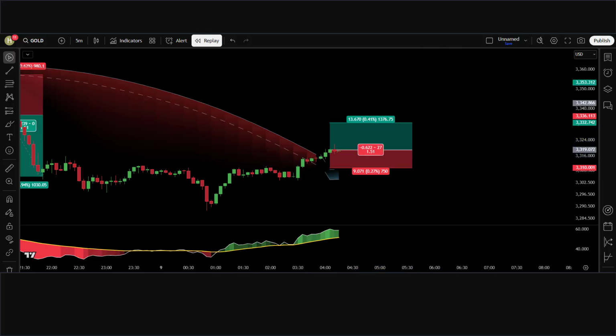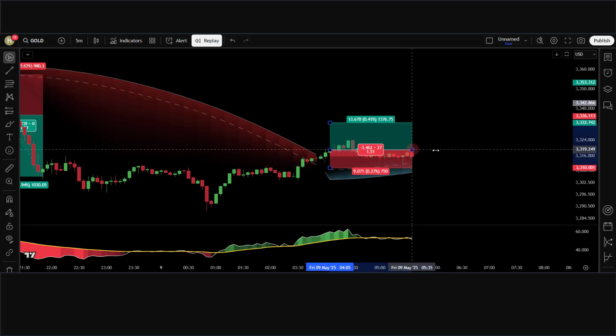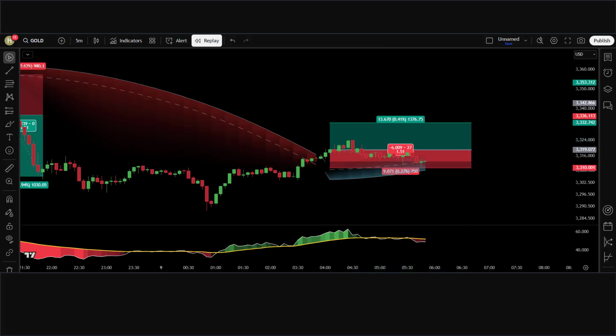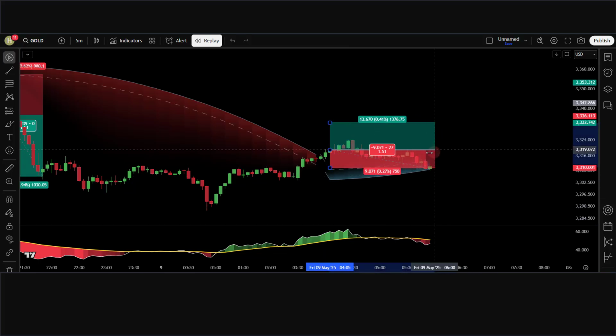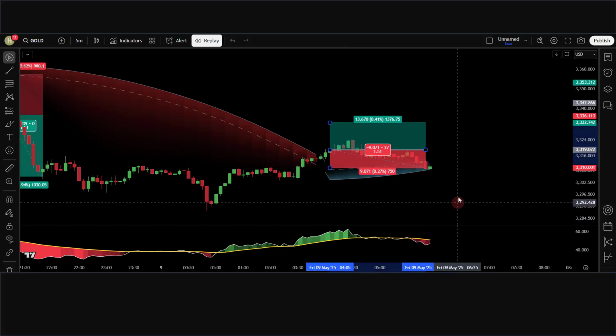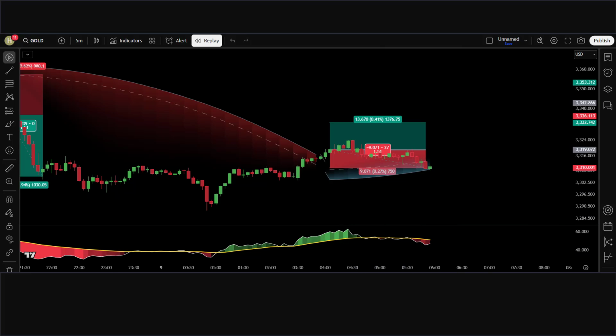Let's see what happens to our trade. We have lost this trade. Never mind, sometimes it happens in the market. We must remember one thing, that no strategy works 100% in the market. Wait for the next signal.